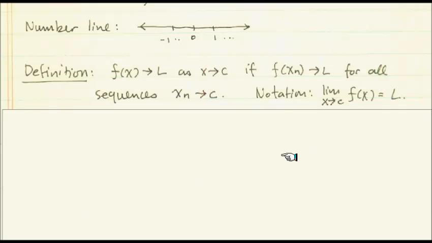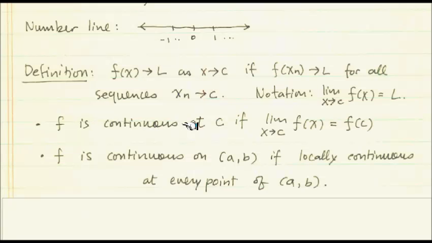That makes perfect sense. From there, we can define continuity of this function. If the function value is equal to the limit value, and that's happening everywhere in a given interval, we call it continuous on the interval. So all this makes sense.